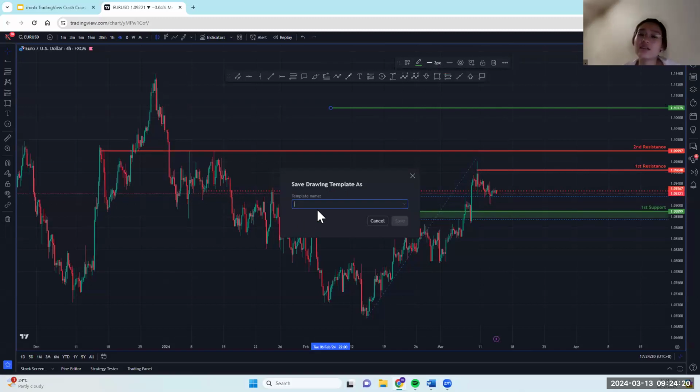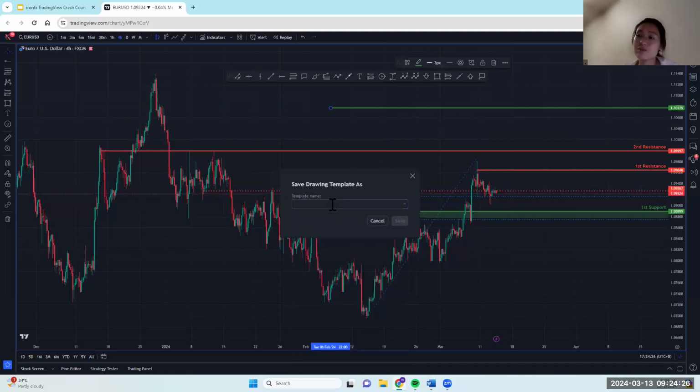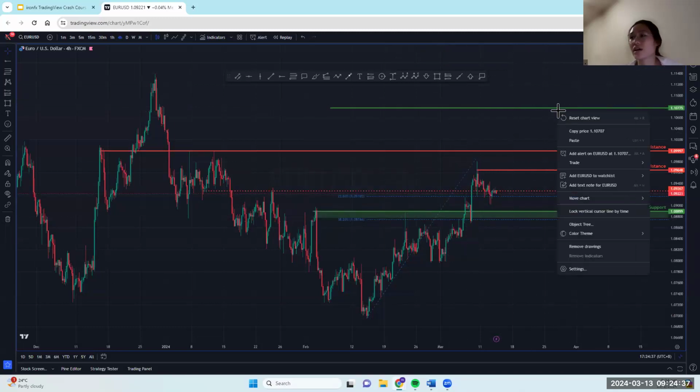You can actually add in a drawing template here. So for example, there are all of these different names, but let's say I want to add a third resistance.